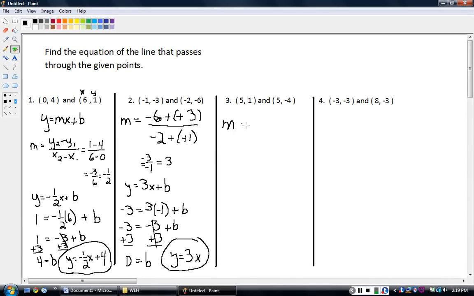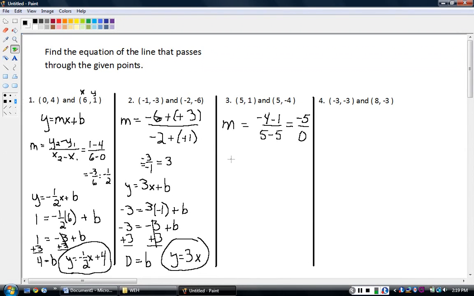Moving on. Slope is negative 4 minus 1 over 5 minus 5. Alright, so right away I can see I got a problem with this one. I get a 0 in the bottom. It should be negative 5 over 0, but that negative 5 doesn't really matter. The fact is I have a 0 in the bottom.